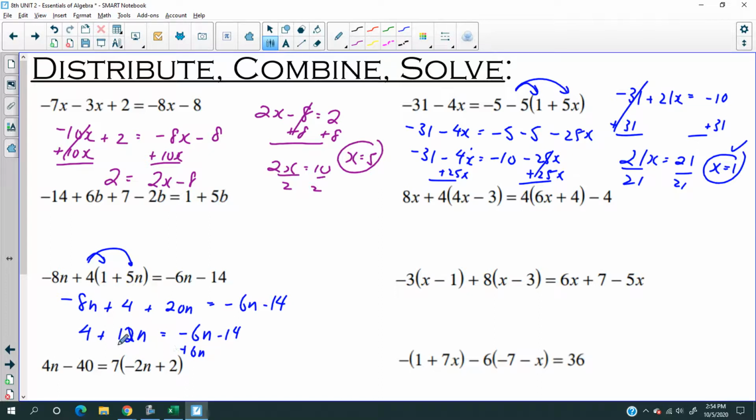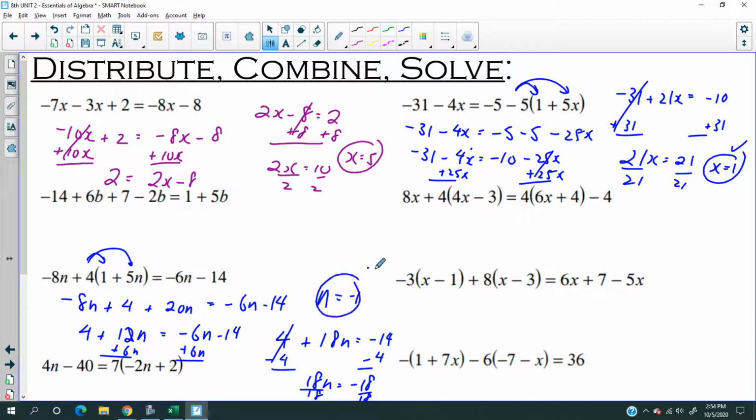Smaller letter, see that? So I'm going to rewrite this over here. 4 plus 18n equals negative 14, minus 4 on both sides. 18n equals negative 18. All right, not bad. So n is negative 1.